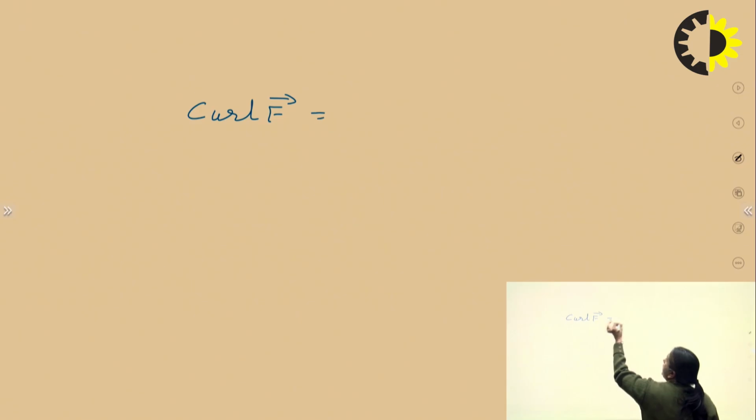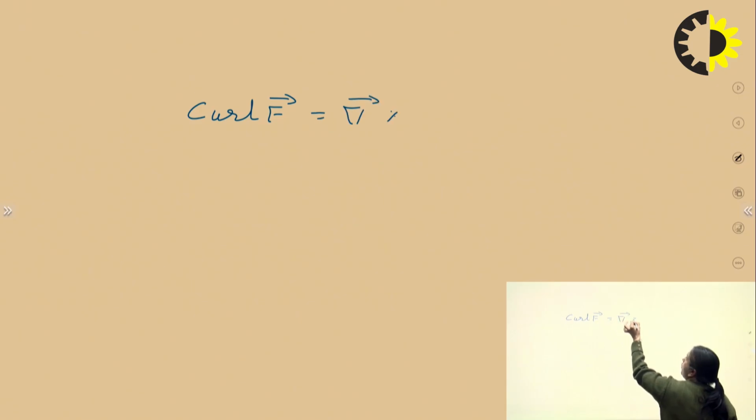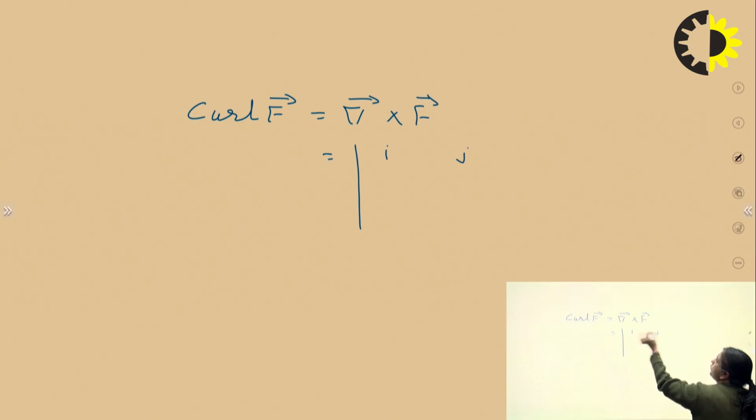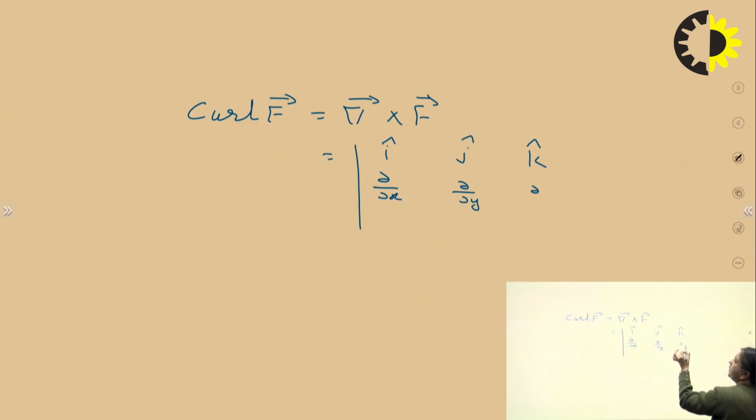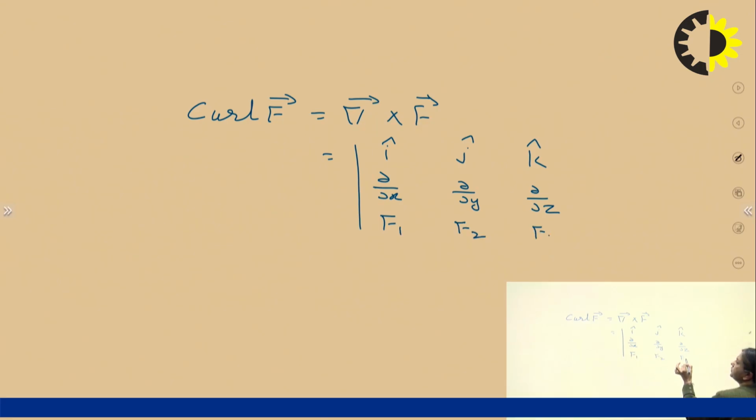Just to introduce, curl of vector F is del vector cross F vector. So to find the curl of F vector, we have to find the cross product: i cap, j cap, k cap, then del by del x, del by del y, del by del z, and F vector is F1 coefficient of i cap, F2 coefficient of j cap, F3 coefficient of k cap.